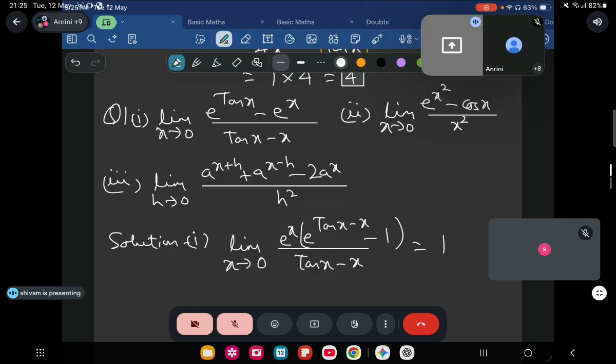Yes, quickly solve part 2. Yes, part 2, Ritam, your answer is correct. Yes, Shamta, part 2 is correct.